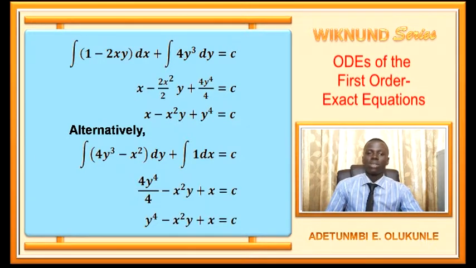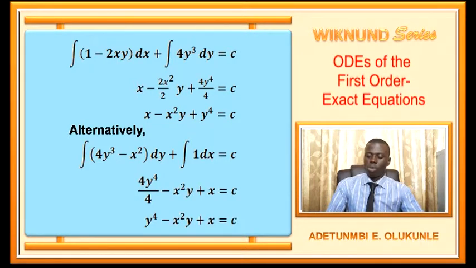Since this is dx, look for the term in the other function that does not contain x. So the other function, that is N, is 4y cubed minus x squared. So 4y cubed does not contain x. So we integrate 4y cubed with respect to y. Then you equate your value to c, the constant of integration.